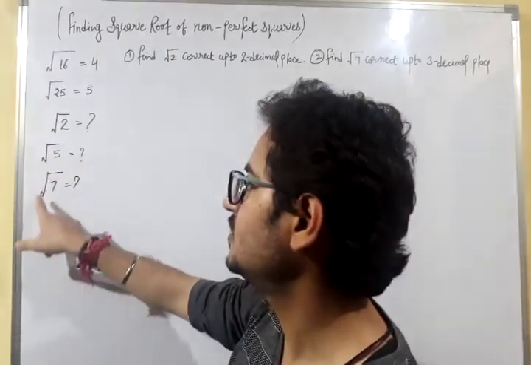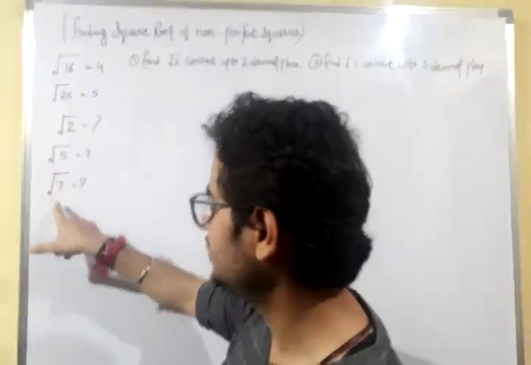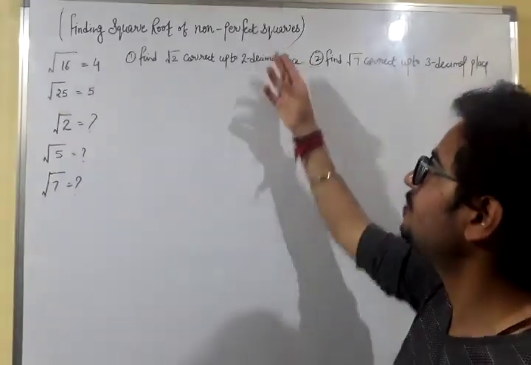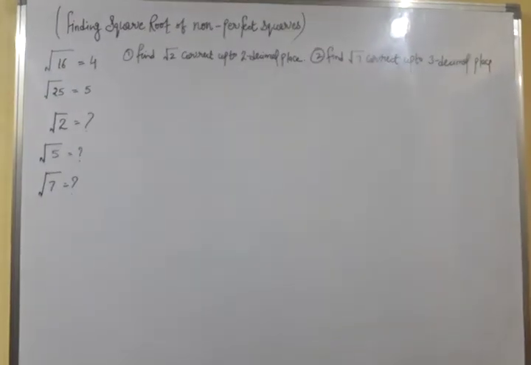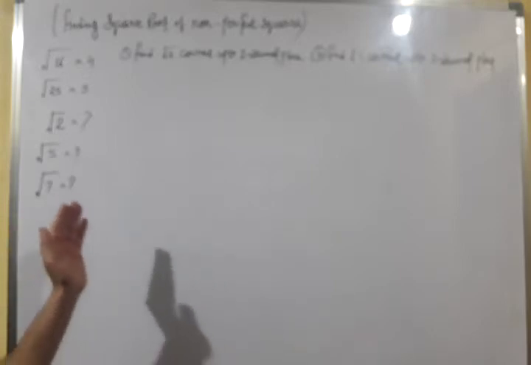Square root of 5, square root of 7, these are some numbers which are not perfect squares. So finding the square root of non-perfect square numbers is approximately the same as finding the square root by the long division method, which we studied in our previous video.